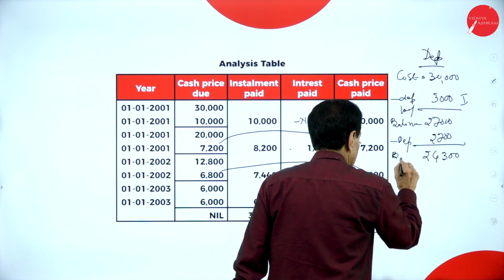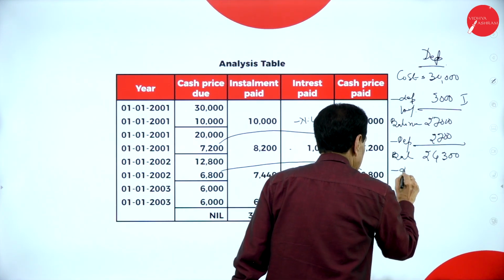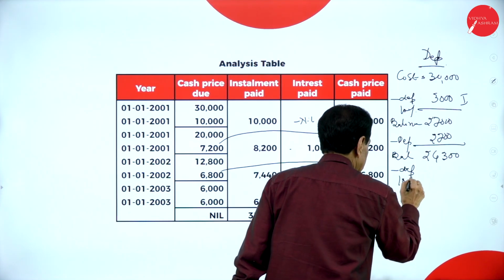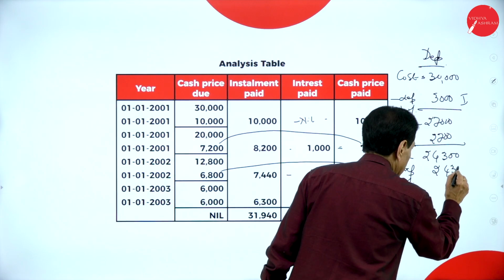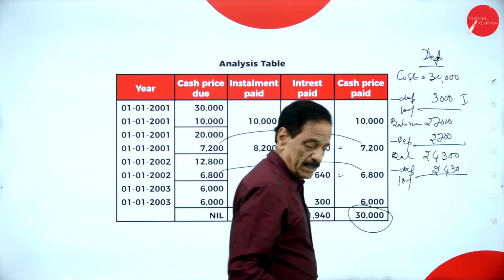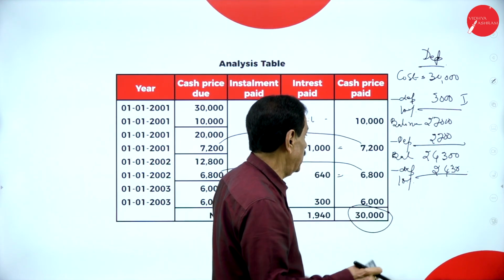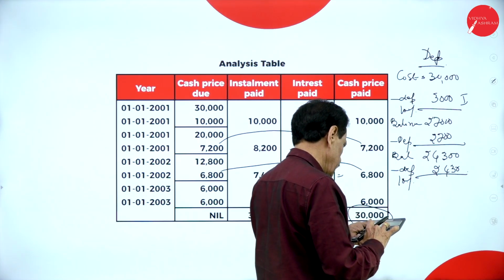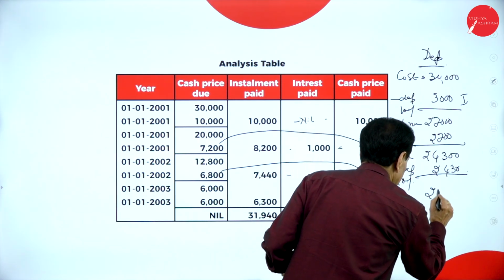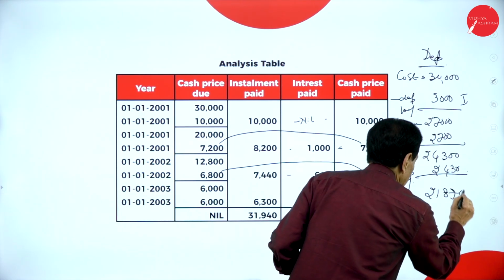Balance, minus depreciation 10%, 2,430. Deduct, 24,300 minus 2,430, 21,870. Balance.